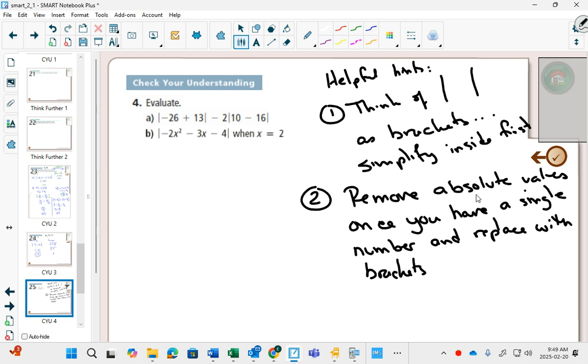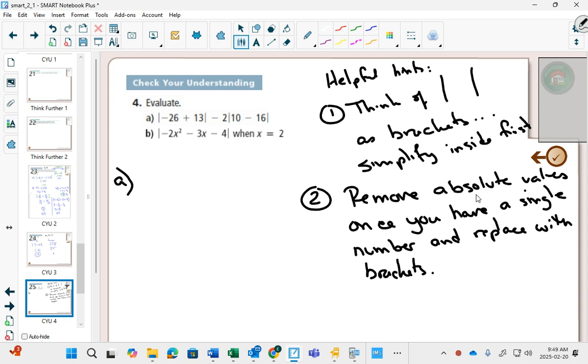And then you can actually apply the absolute value. What I'm going to say is we're going to remove those absolute values, apply them, and replace them with brackets. So what does that mean, and what are some other things you have to be careful with? We're only going to remove absolute values once you have a single number inside of them.